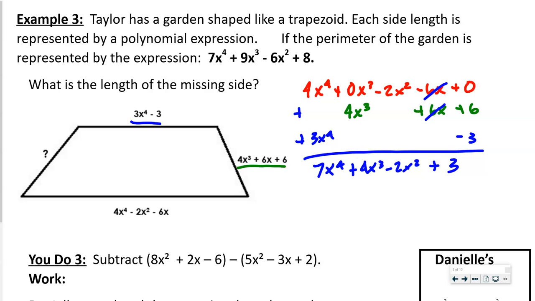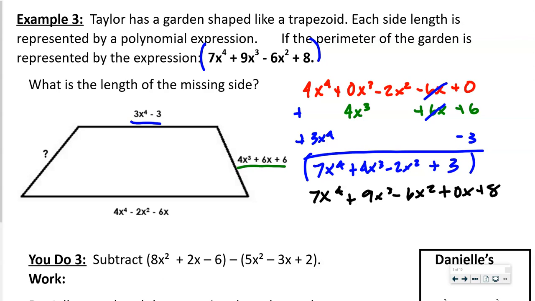So what we now need to do is take this right here and subtract this from it. So we're going to subtract our sum. So we're going to go 7x, you know what, let me do it in a different color here. 7x to the fourth plus 9x to the third minus 6x squared. I'm going to do a plus 0x here, plus 8.